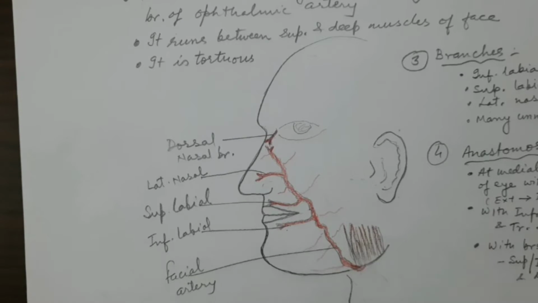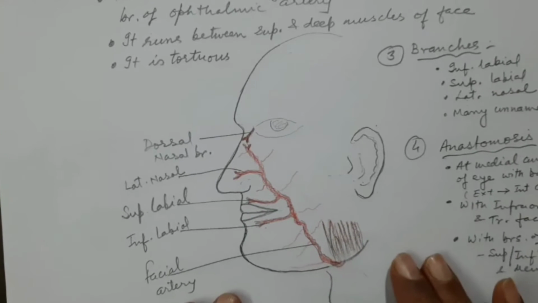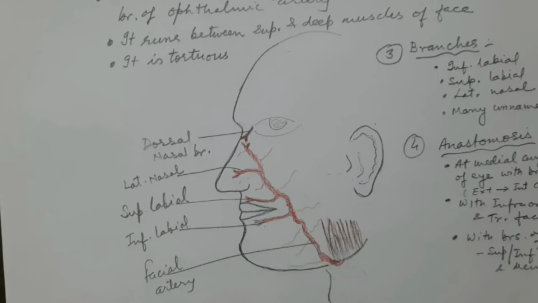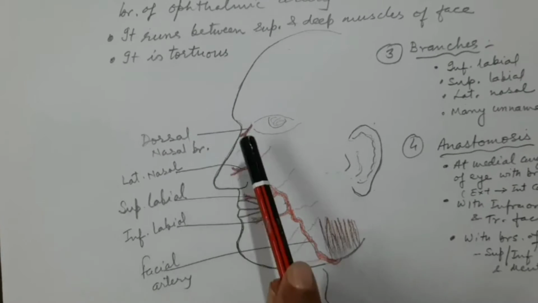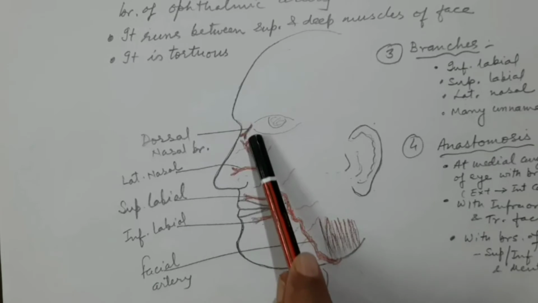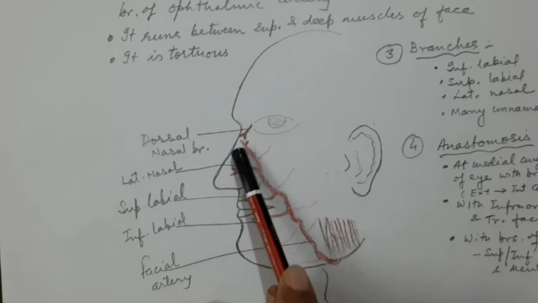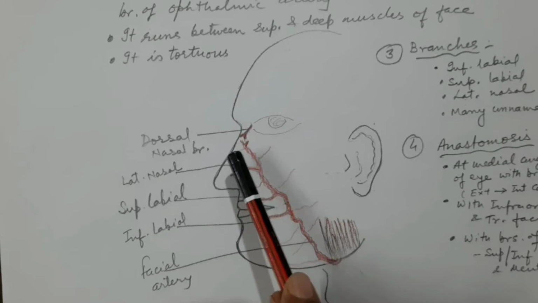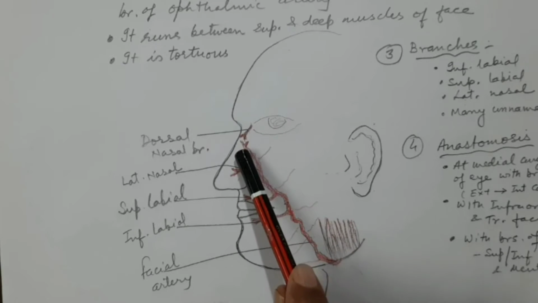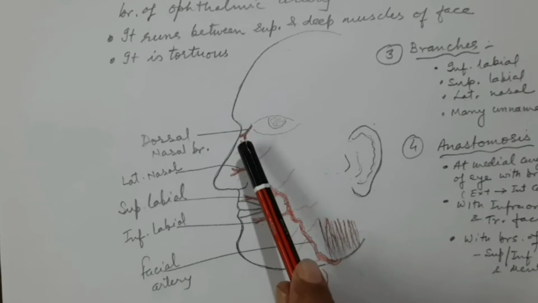And then there are unnamed muscular and other branches going posterior or anterior to the artery. So these are the branches. Let us see the anastomosis of this. At the medial angle of the eye, I have shown that this will anastomose with the dorsal nasal branch of the ophthalmic artery.